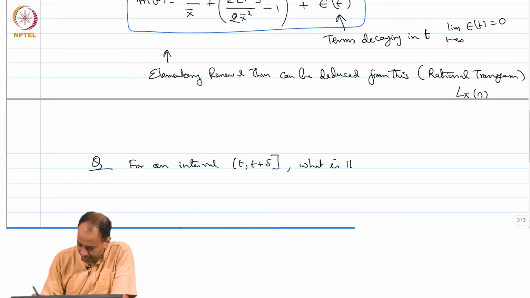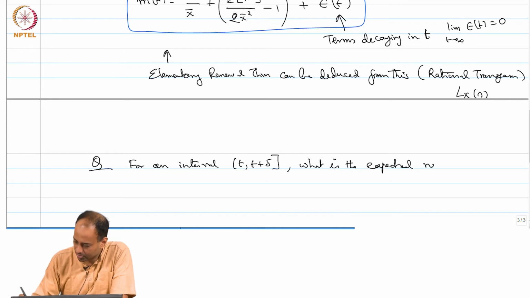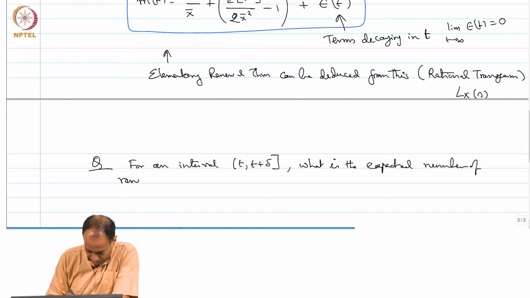What is the expected number of renewals in this interval?